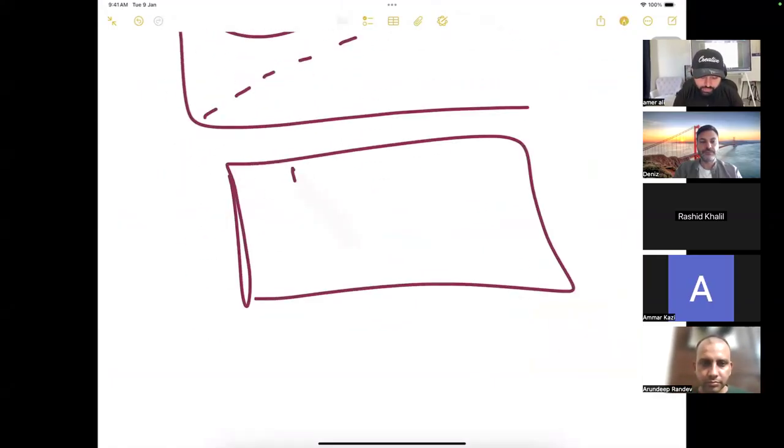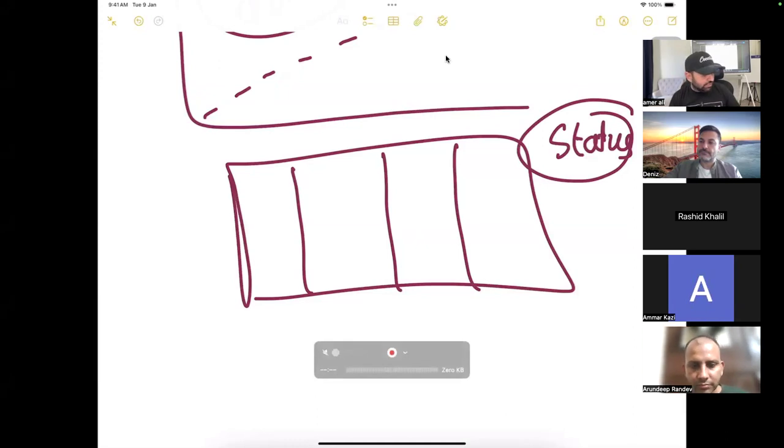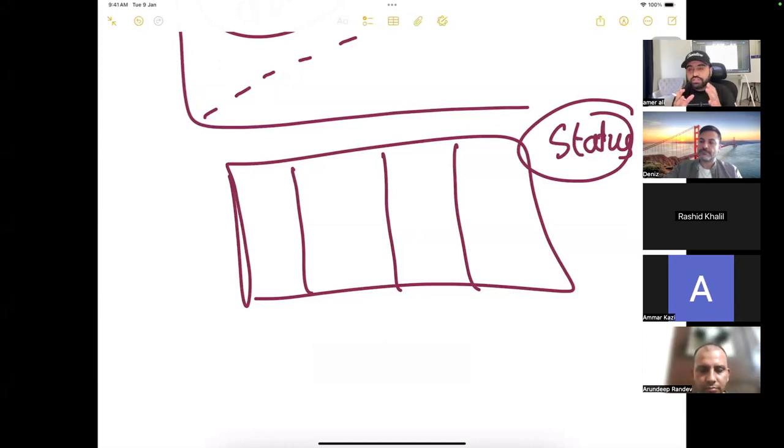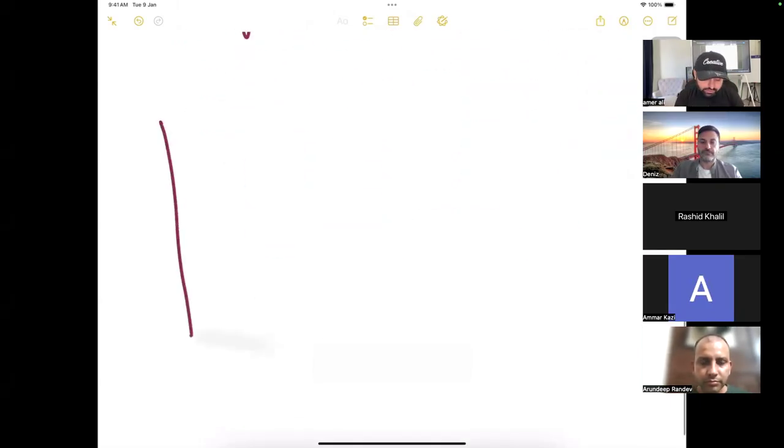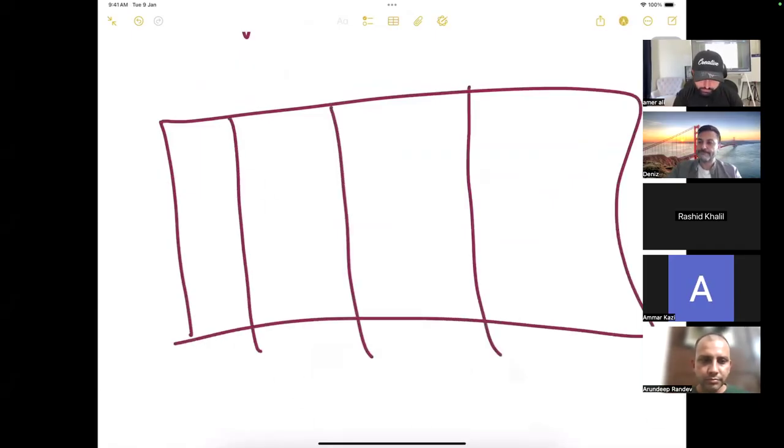Then we use the task board, also known as the status board. The purpose of the task board is to show the current status of the project. Then we have the Kanban board.